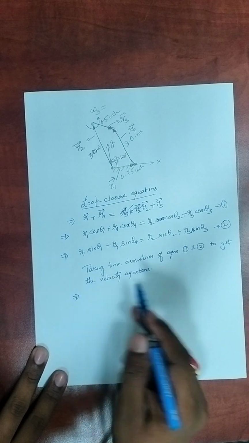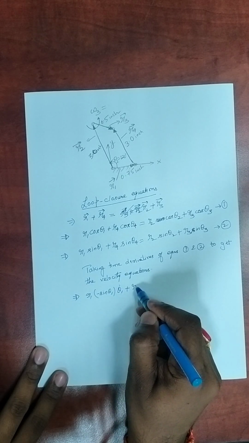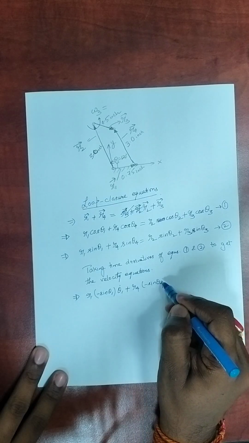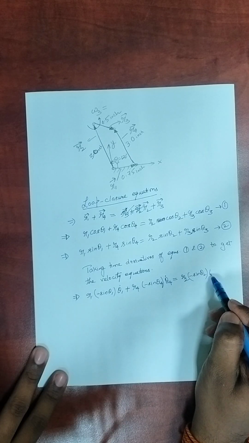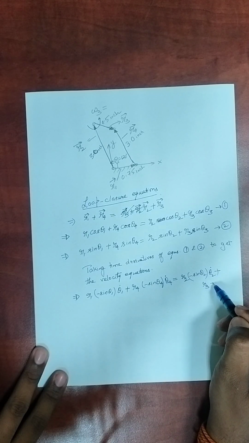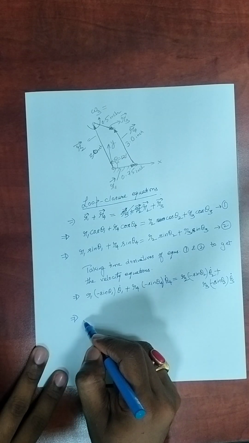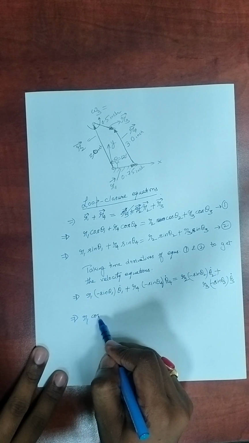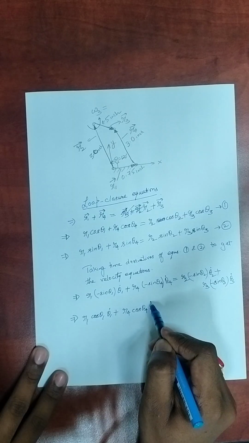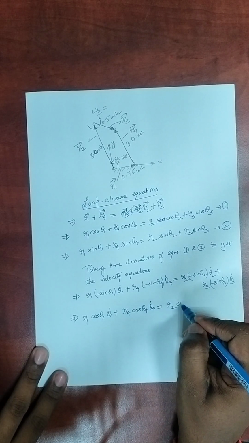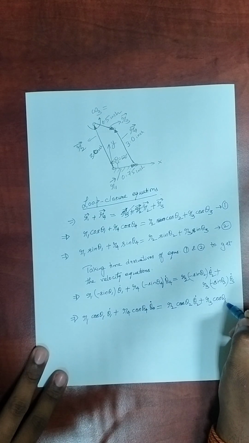If I take the derivative of the first equation, I get r1 times minus sine theta 1 theta 1 dot plus r4 times minus sine theta 4 theta 4 dot, and for equation 2, r1 cos theta 1 theta 1 dot plus r4 cos theta 4 theta 4 dot is equal to r2 cos theta 2 theta 2 dot plus r3 cos theta 3 theta 3 dot.